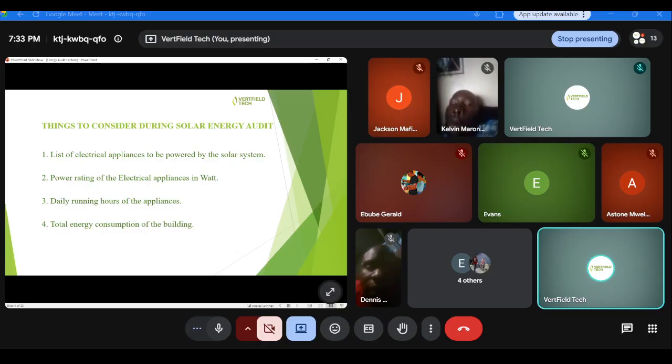You also need the information on the daily running hours of those appliances, and then you have complete and total knowledge of the total energy consumption of your building. So with these four items, you are good to go. You can actually carry out an energy audit on any size of facility, at any scale, whether small, medium, or large, with these four items.